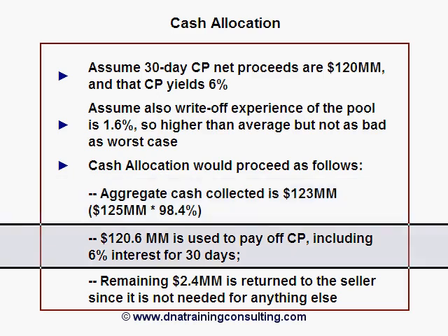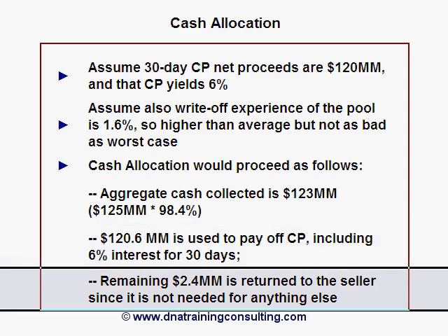Note holders receive $120.6 million, which reflects their principal and interest at 6% for 1 month. And the remaining $2.4 million are remitted to the seller since they are not needed for any other purpose.